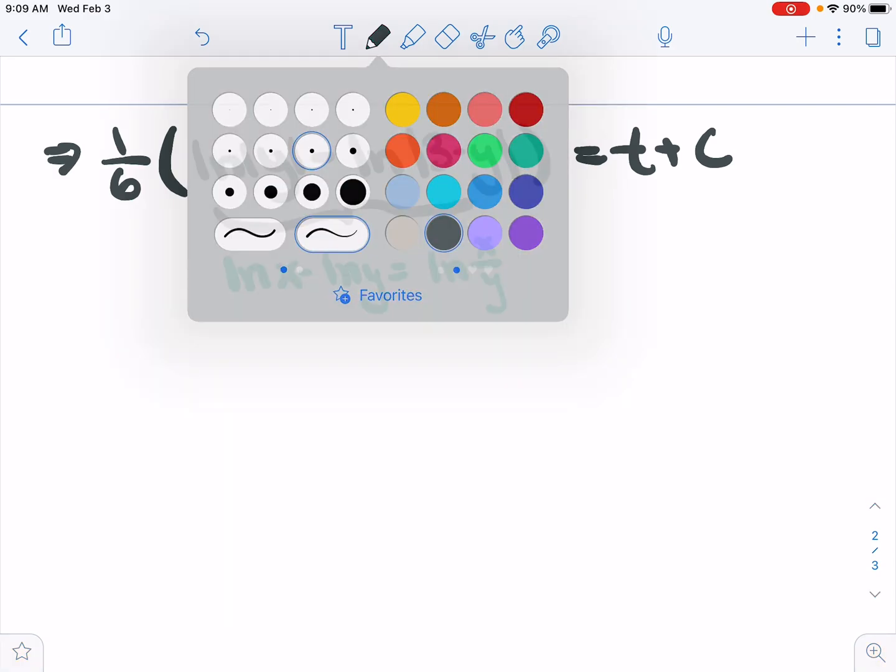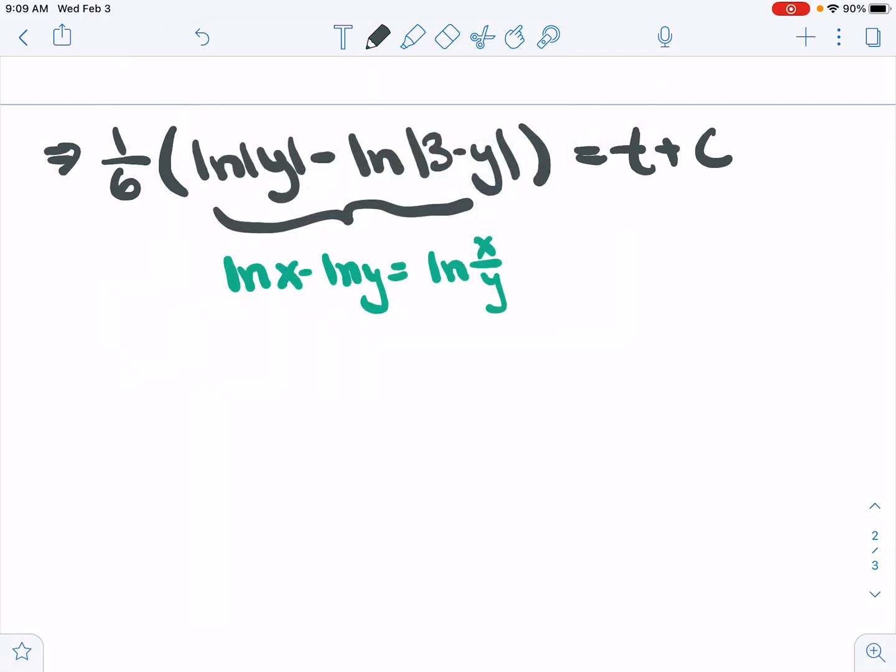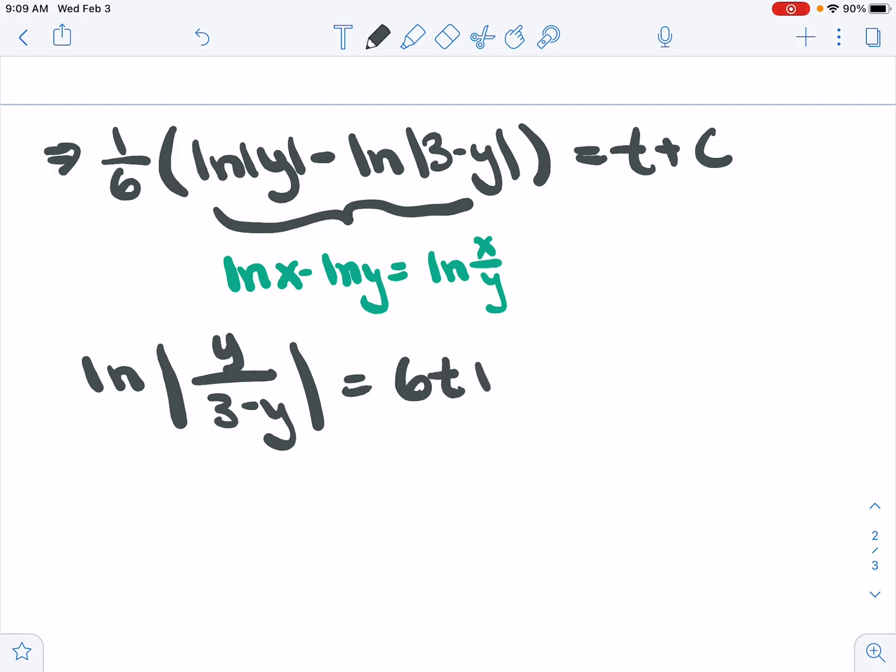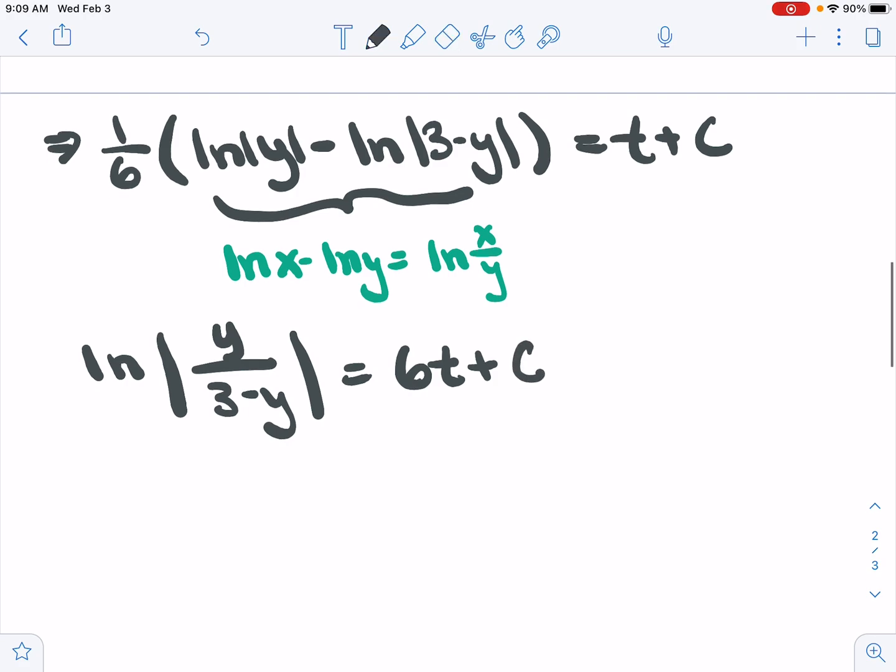That's a log rule that we can use here after multiplying through by 6. So we're going to get log of y over (3 minus y) equals 6t plus 6C, which I'm going to replace with just C.